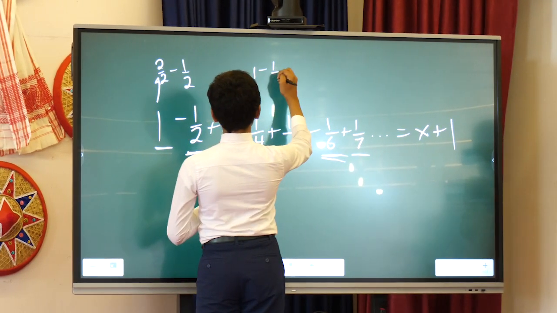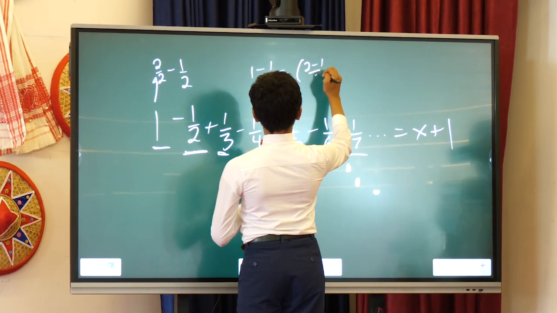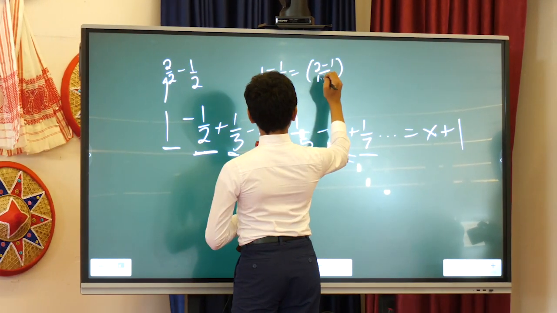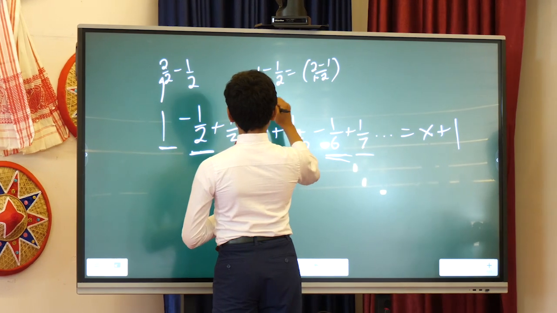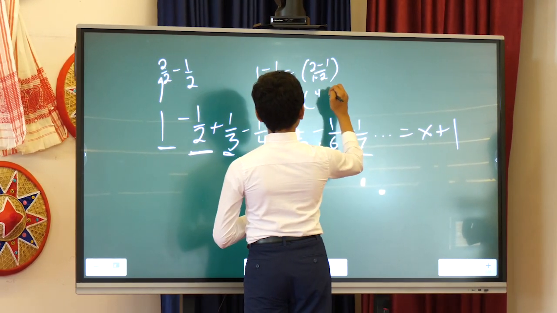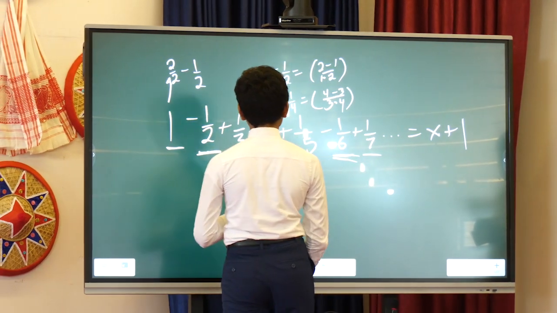So, we have 1 minus 1/2 is equal to 2 minus 1 over 2, we have 1 times 2. We have 1/3 minus 1/4 is equal to 4 minus 3 over 3 times 4, and so on and so forth.